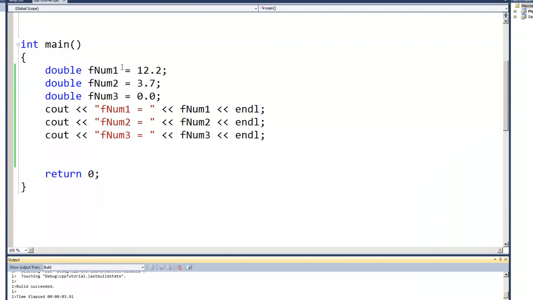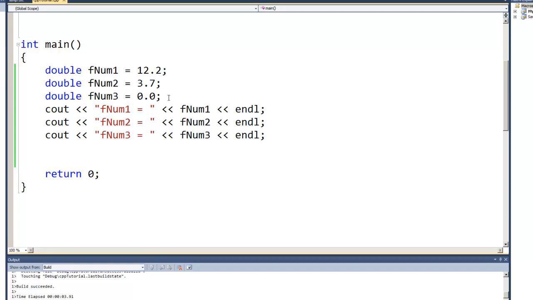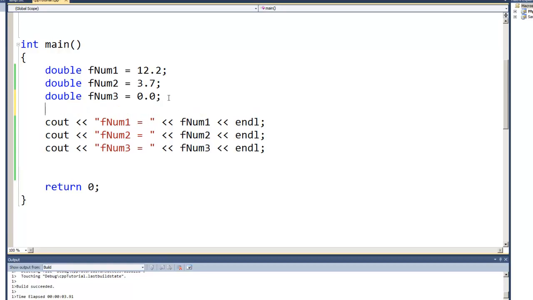Now I'm going to put some calculations in, and then we'll see the results of those calculations. The first thing I'm going to do is say that fnum3 is equal to fnum1 plus fnum2, and it should add those two together and give us the results.